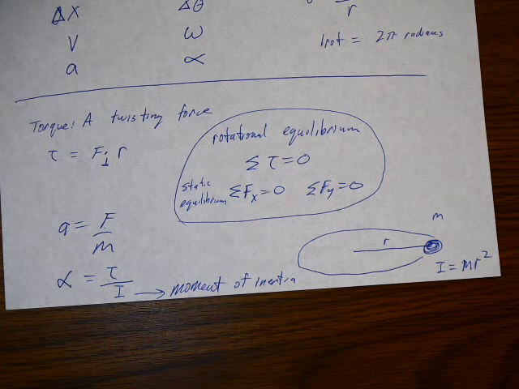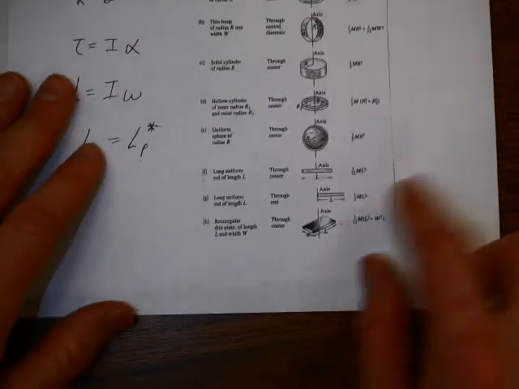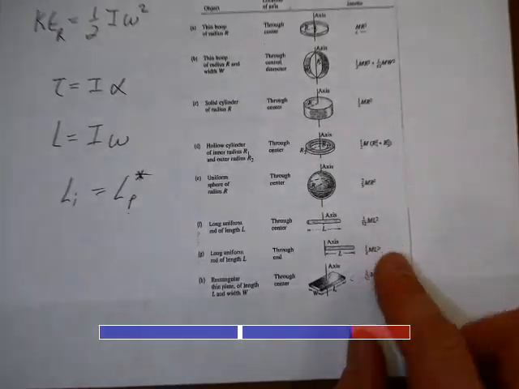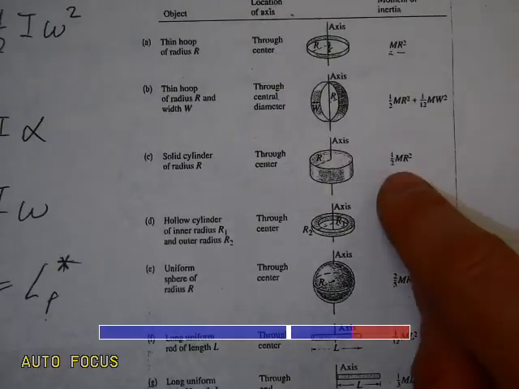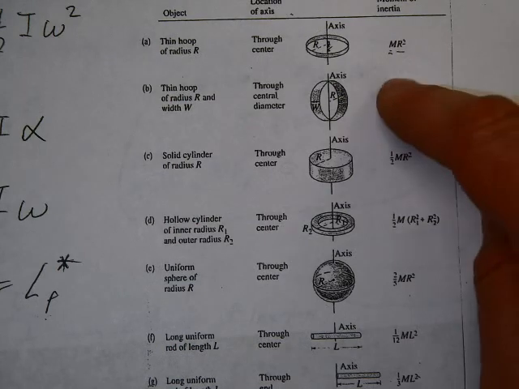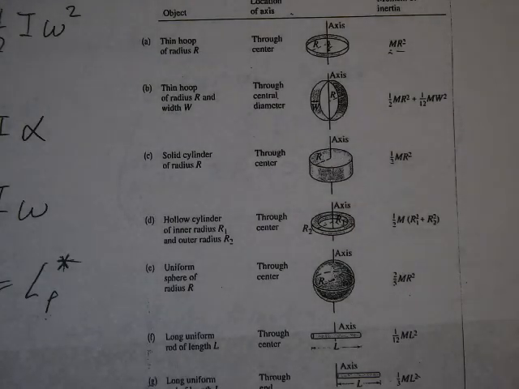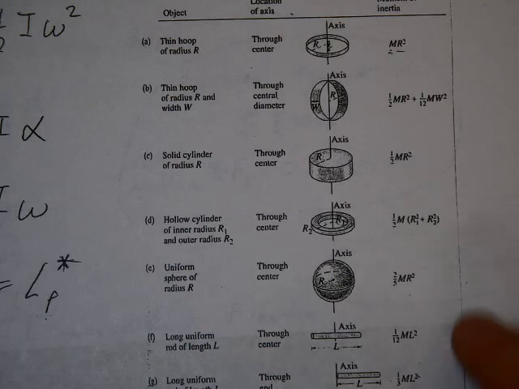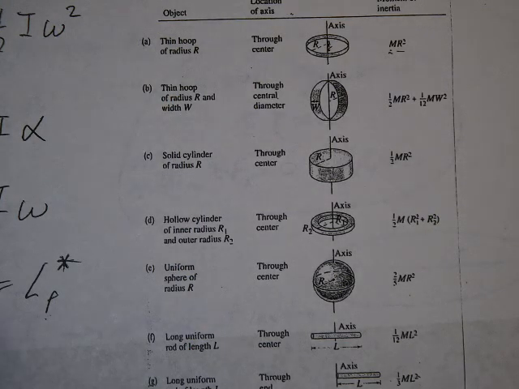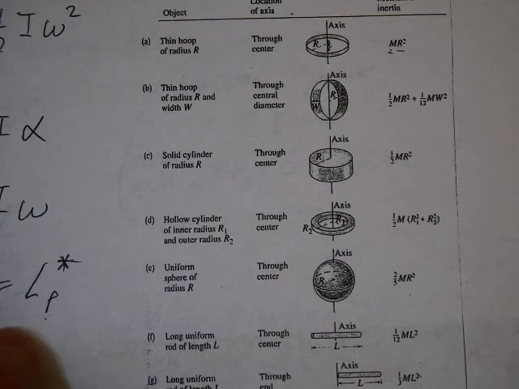And all of the moments of inertia that we saw on the equation sheet and that we used involve some version of mr squared. You can't see those all that great, but they all have mr squared in it, and then it's just some sort of fractions to change it based on how the mass is distributed. And some of these look more complicated, but really it's just that you have two different dimensions to worry about, and they're the same sort of thing. You'll have those on the equation sheet. You don't have to memorize them or anything.